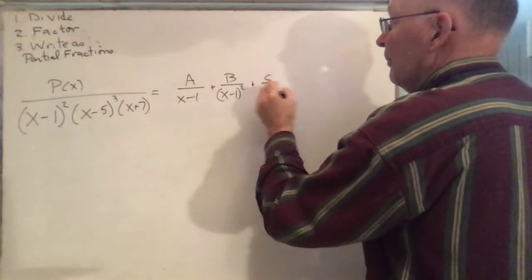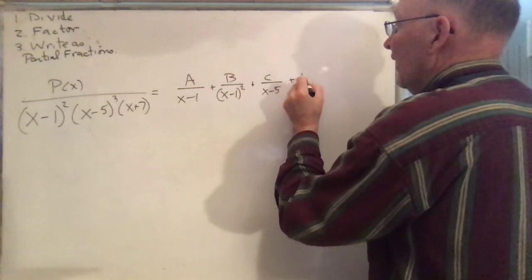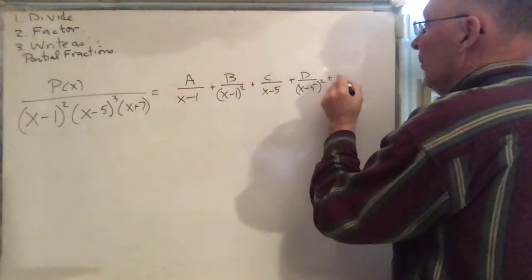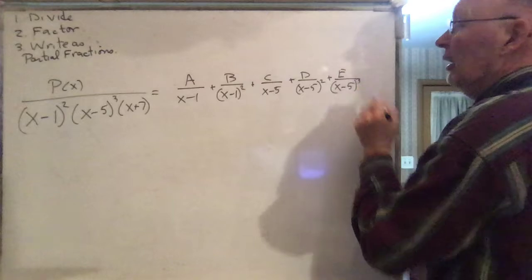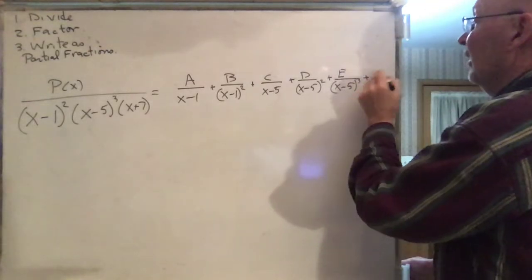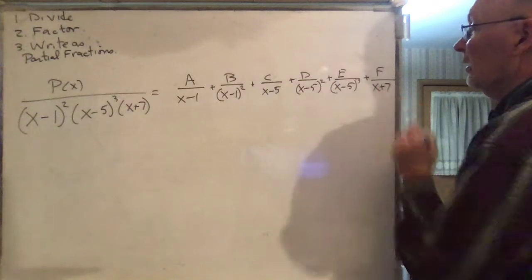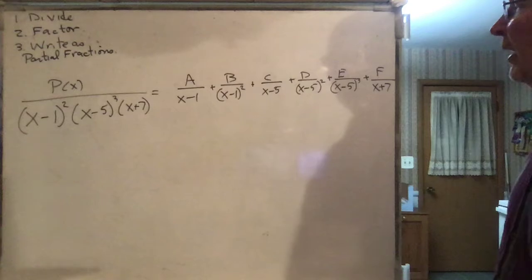Then you might have had something over an x minus 5, something else over an x minus 5 squared, something else over an x minus 5 cubed. And finally, you might have had something else over x plus 7. So that's your total list of possibilities for what you might have had.